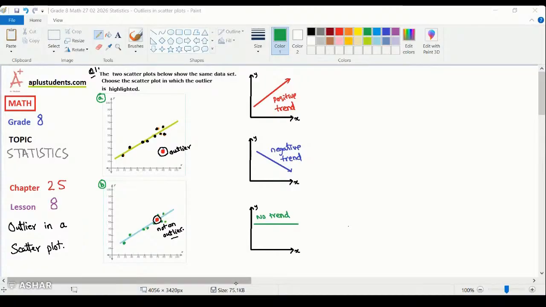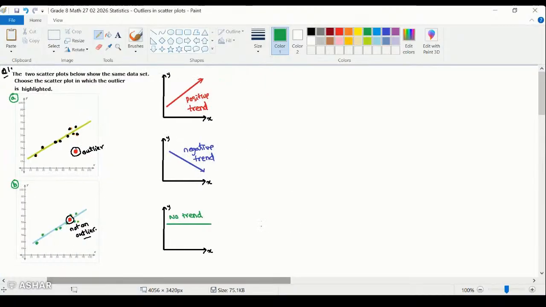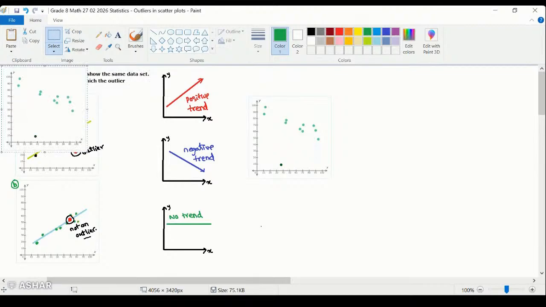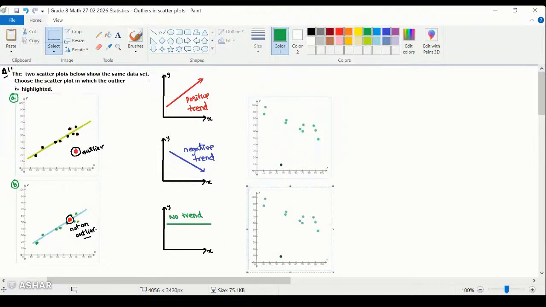In question number 2, if these were given to us, we need to find which scatter plot gives us a question number 2, and I will change this to another point, that is this.